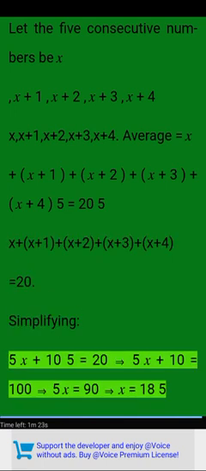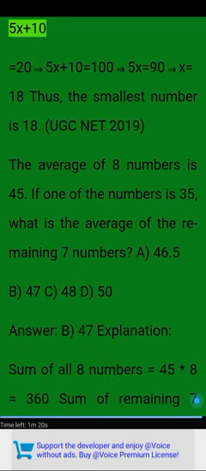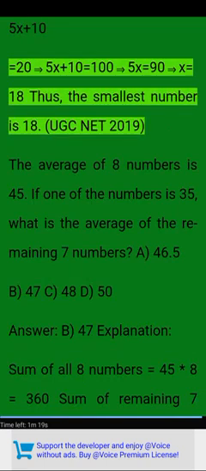Simplifying, (5x + 10)/5 = 20 ⇒ 5x + 10 = 100 ⇒ 5x = 90 ⇒ x = 18. Thus, the smallest number is 18.